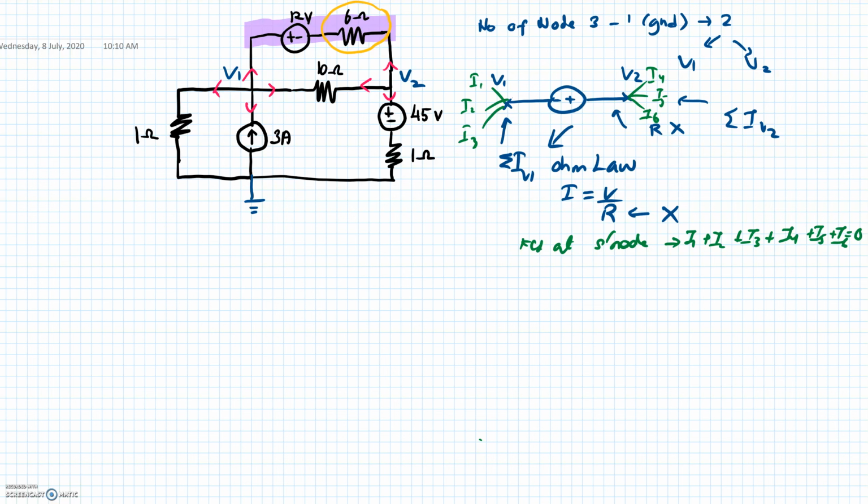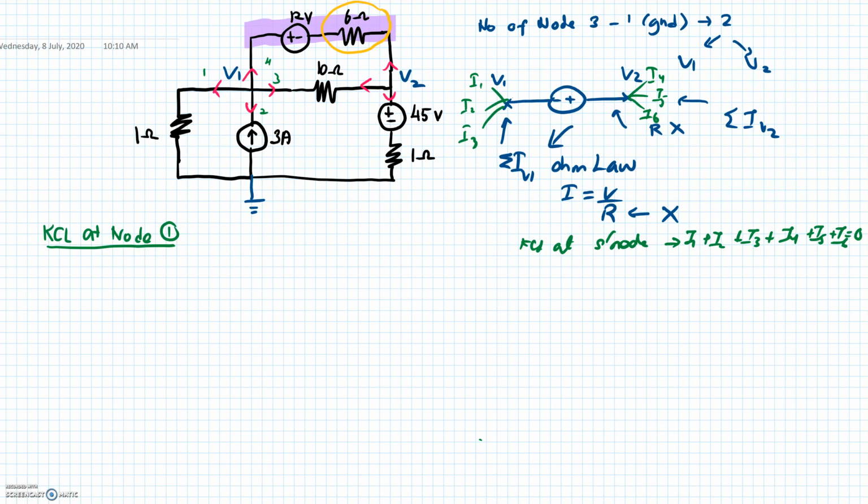So first is KCL at node 1 or V1. So 1, 2, 3, and number 4.